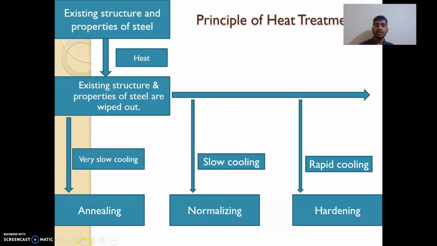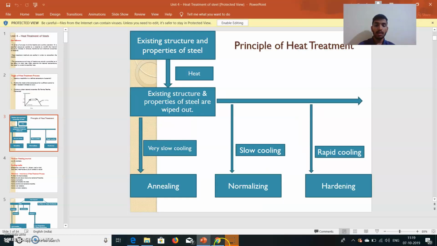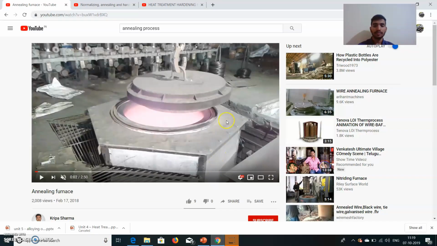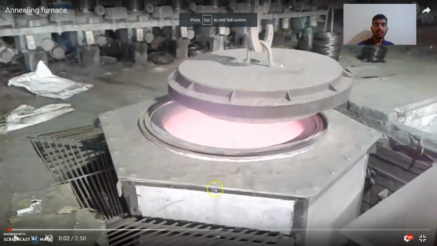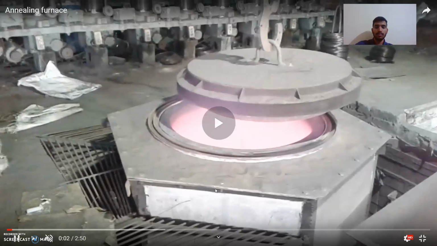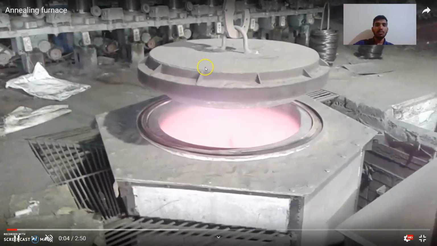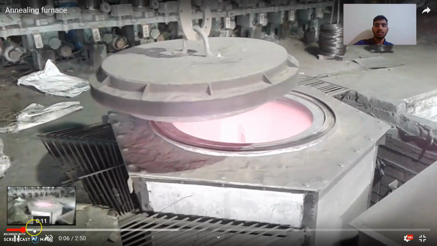Now we see some examples of annealing and how the process is done. Look at this. First they took the metal inside this hexagonal-shaped box. After heating, the lid is removed with the help of a crane.